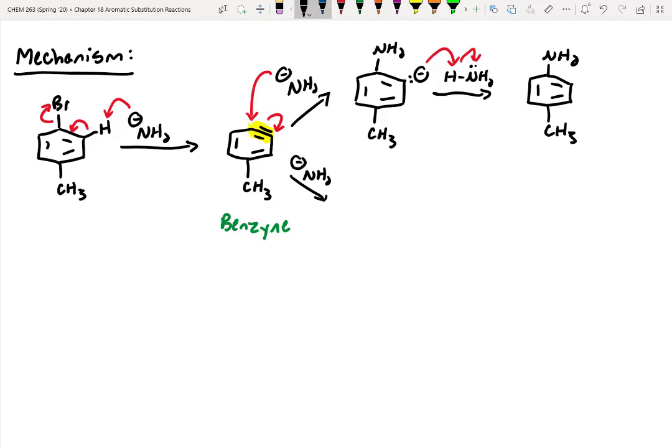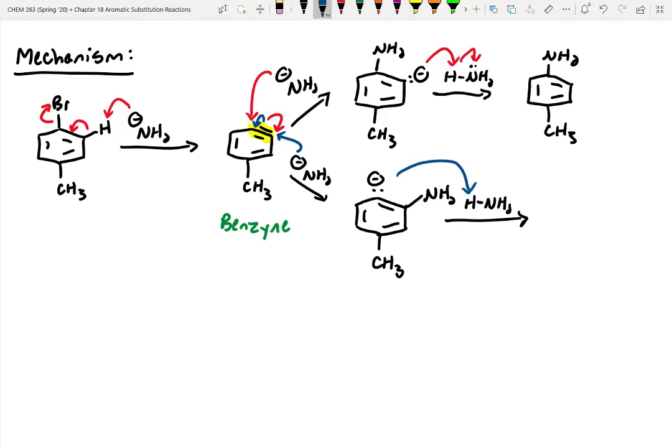And this second product is where this negative charge can attack the other side of the benzyne and kick electrons to the top carbon. And if that happens, the NH2 is going to be installed off of a different position. And you'll actually get 2 different constitutional isomers as your product.